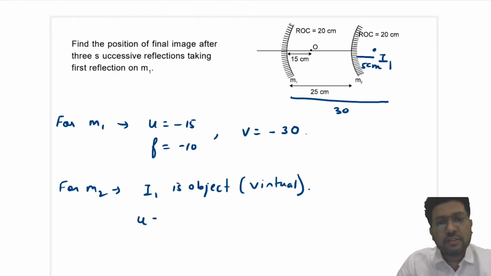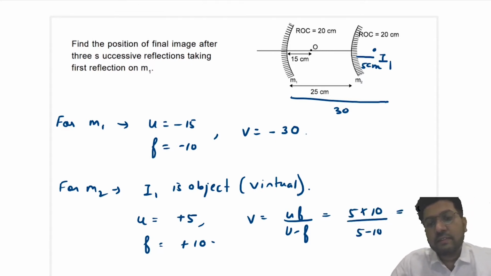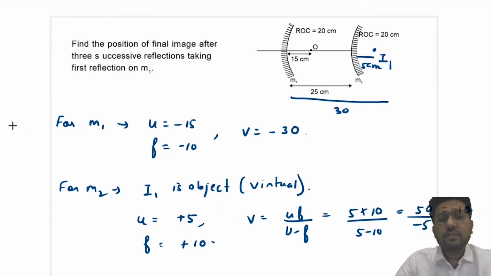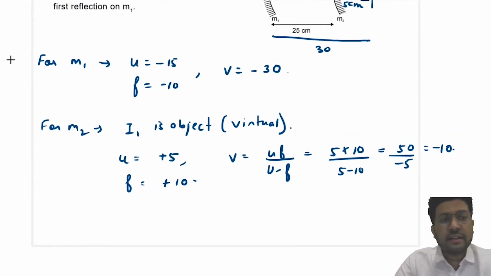So u is plus 5, focus is plus 10. Then v is equal to uf by u minus f. You will get 5 into 10 divided by 5 minus 10, which is 50 by minus 5, that is minus 10. So from this you get v is equal to minus 10.